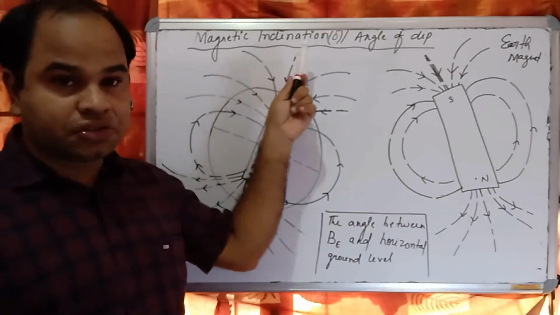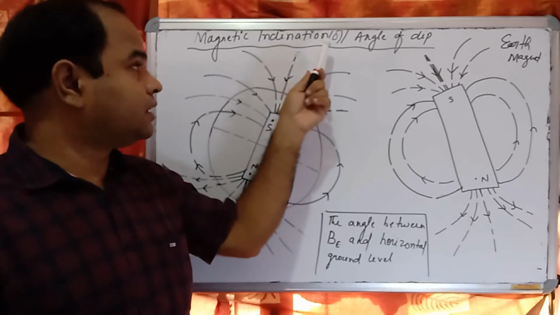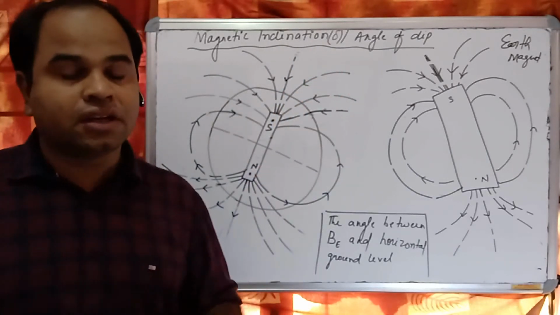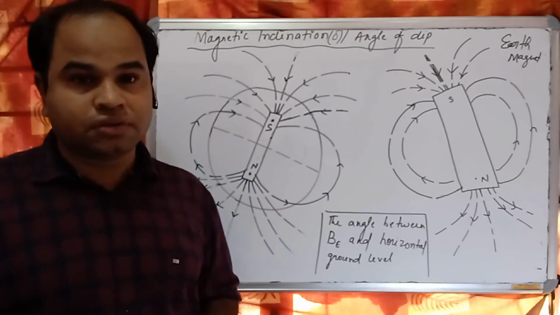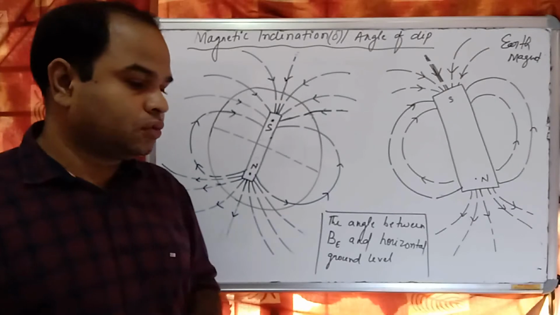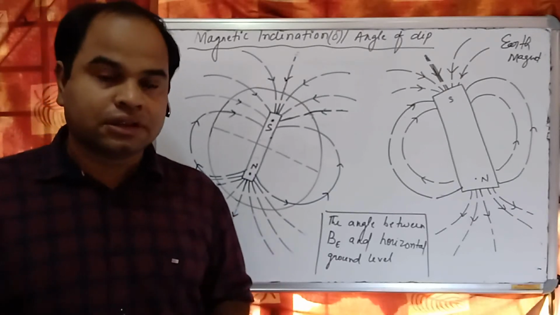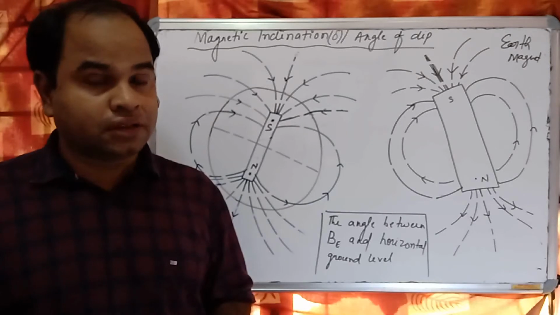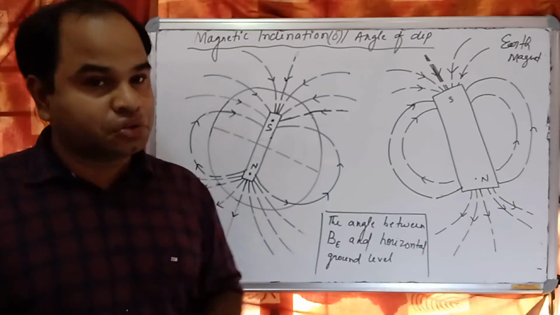magnetic inclination, that is represented by delta, or it is also called the angle of dip. This angle of dip is important for your exams, for short questions. Okay? So we consider Earth is a huge magnet.